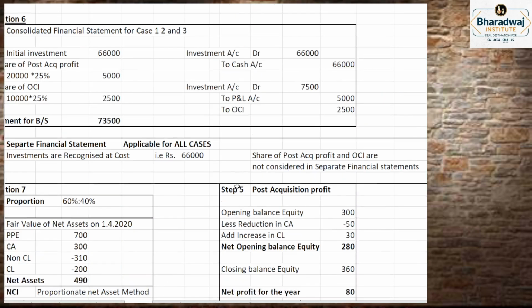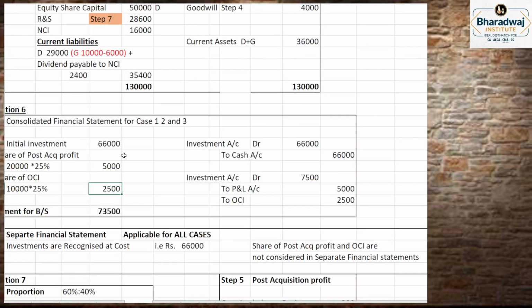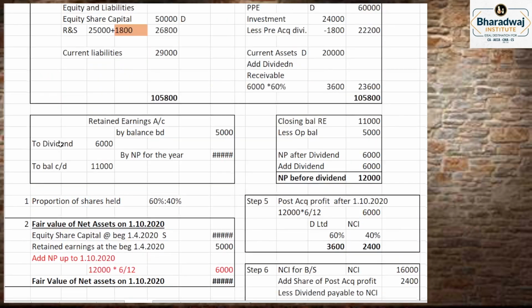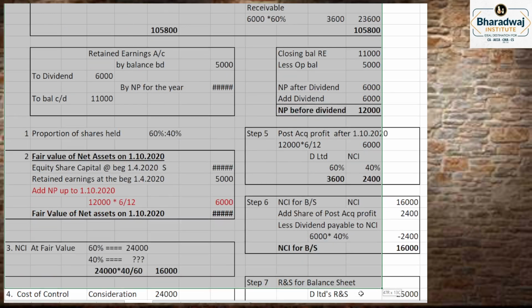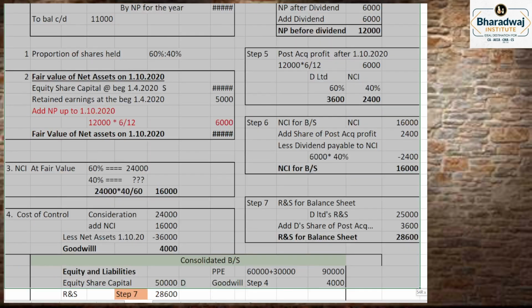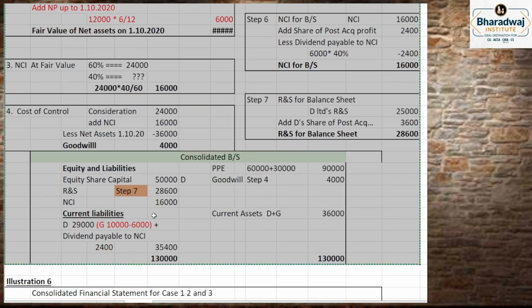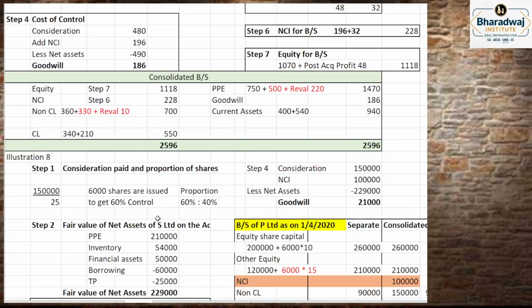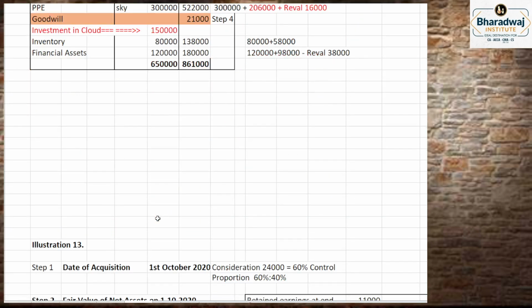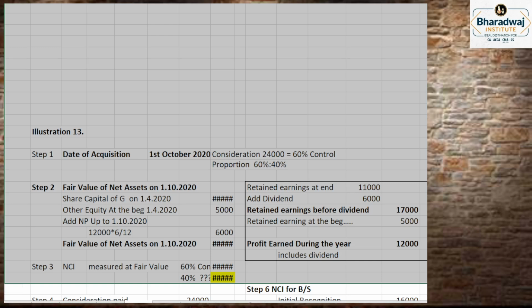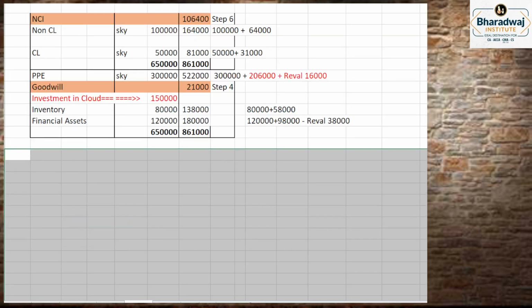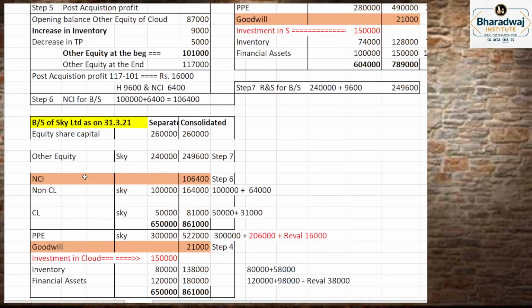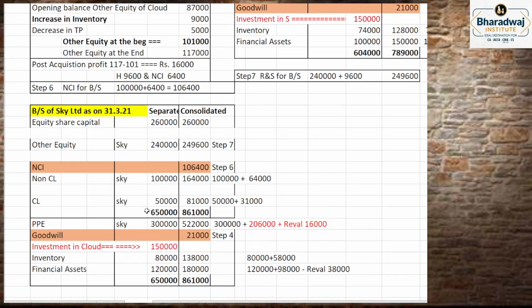So this is like which illustration we have done? Illustration 5. We complete printing. Have we done this? I'll wait.